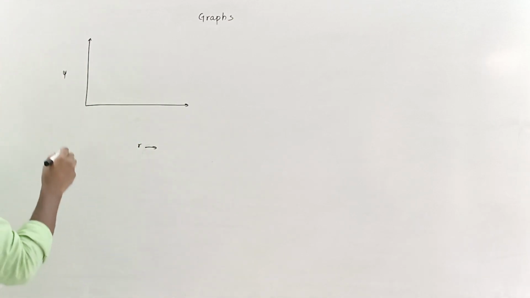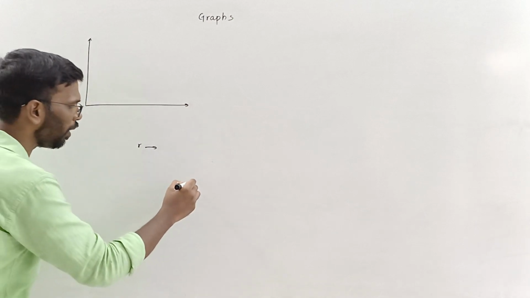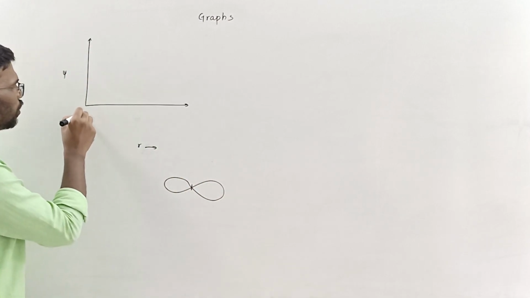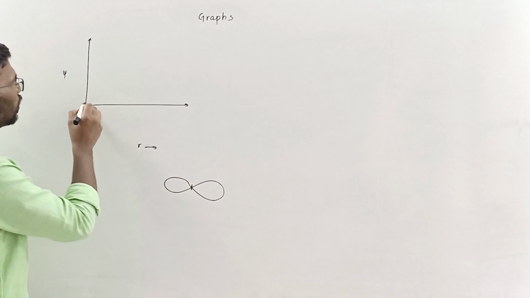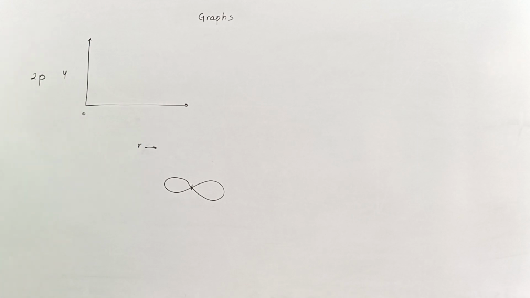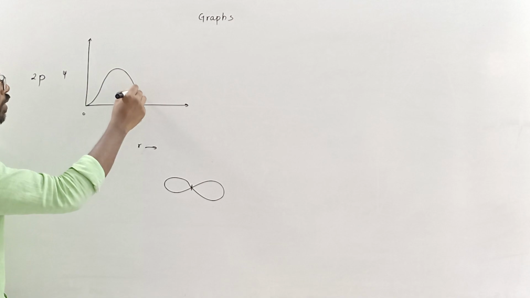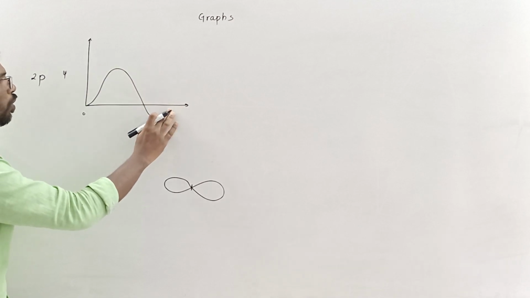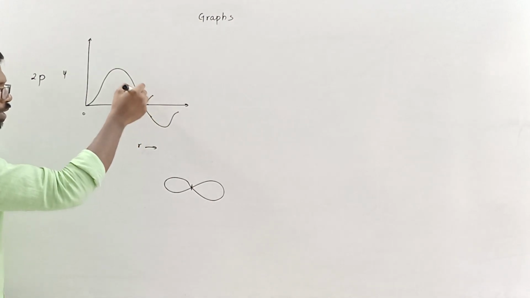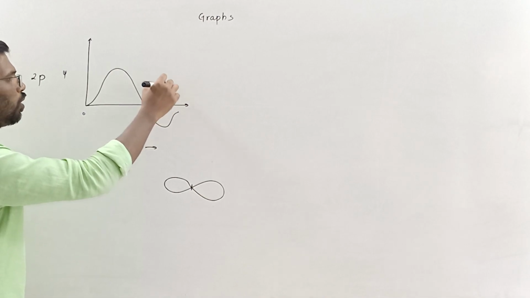For the p orbital, this is the center nucleus, so here it is 0, which means at the nucleus the wave function psi is 0. From here it will increase, and then there is one node. Where it cuts the r axis, it's called a node. Which node? A radial node.